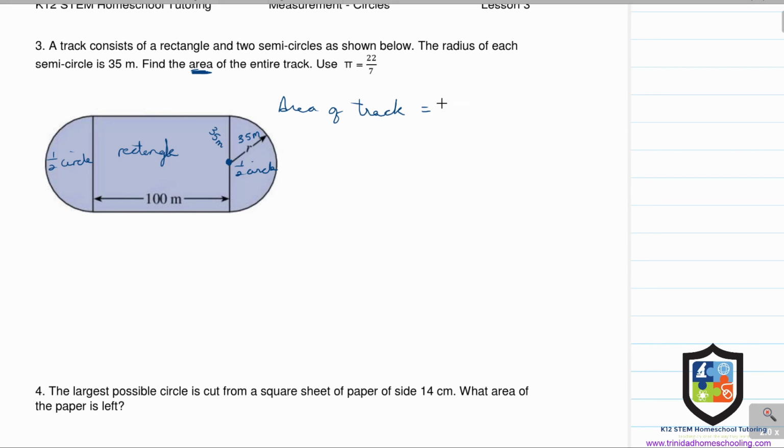So we're going to find the area of the rectangle, plus the area of a circle. So let's find the area of that rectangle. Now, if here is 35, it means that here is 35 meters as well. So our total length of the width of this rectangle is 70. And we know the area of a rectangle is length times.